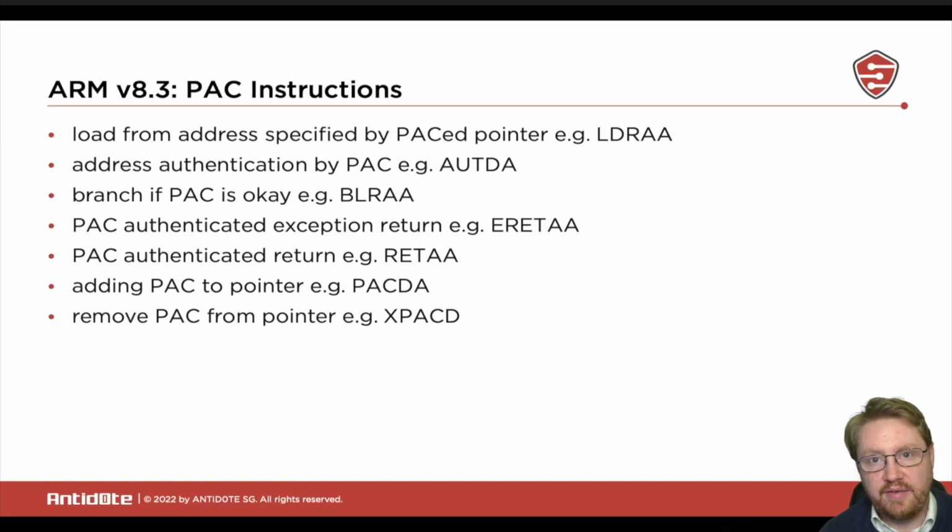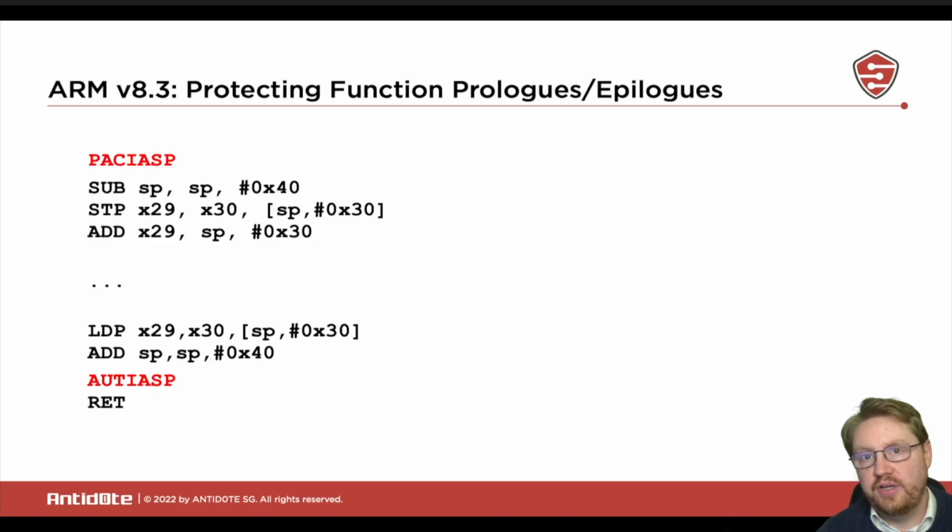So let's have a look at how this is actually used. Here's an example from, I think, Qualcomm, of how you could use this to add a transparent protection of function prologues and epilogues. What we have here first is a pack instruction that is an alias for a different, longer instruction.